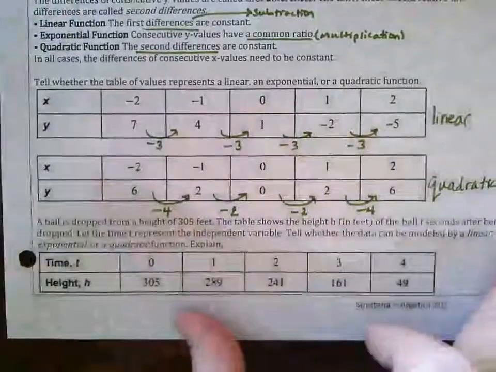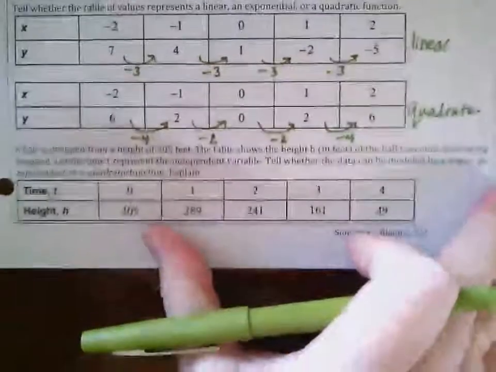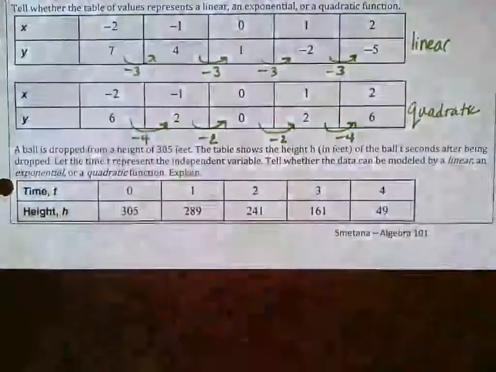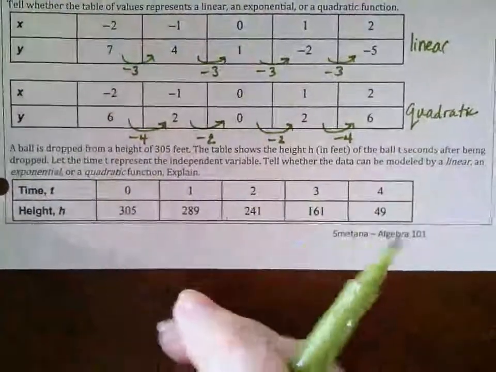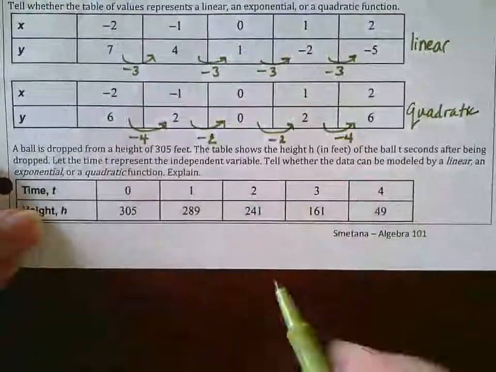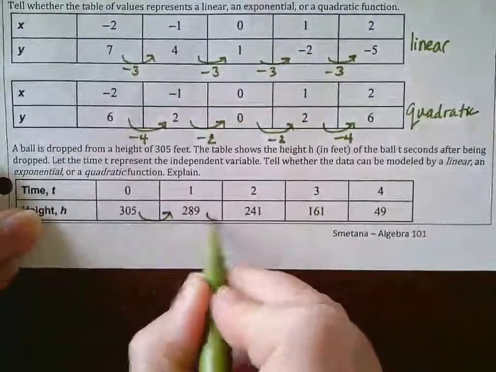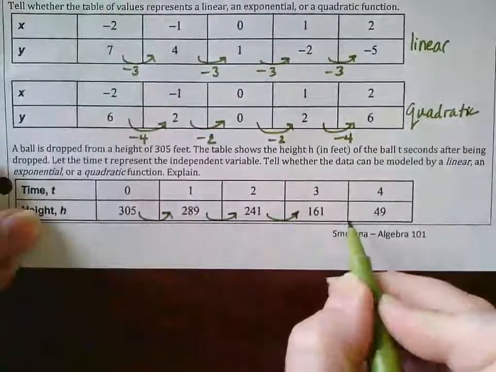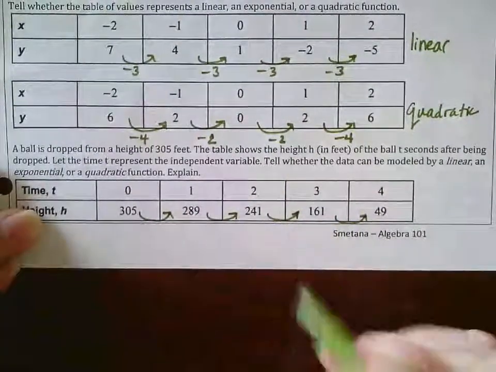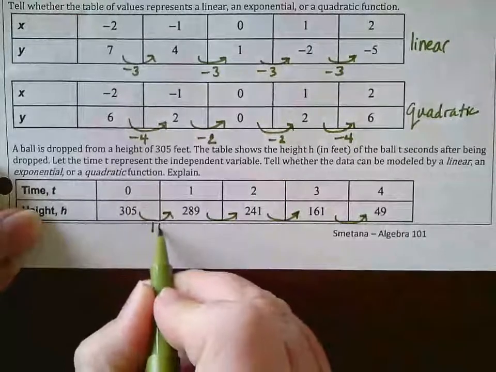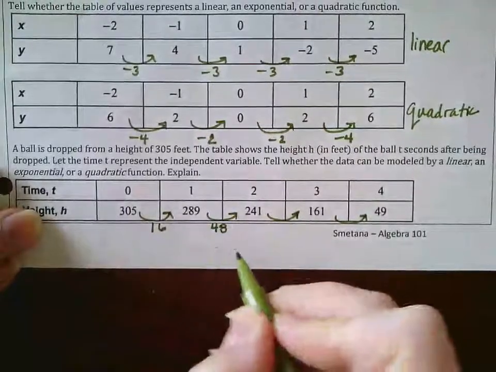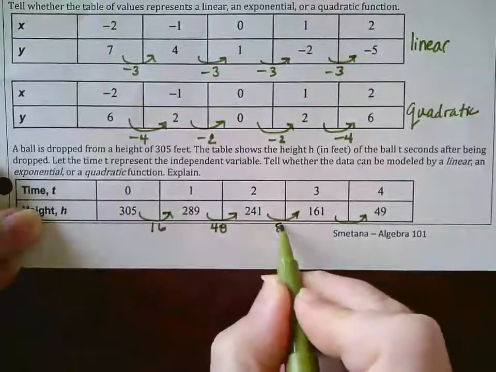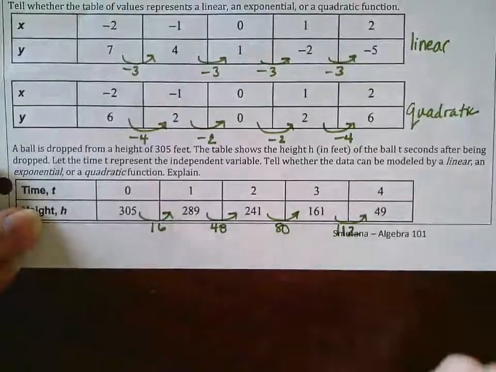Okay, take a look at this one. I talked about the ball being dropped before. This one actually gives a better example of quadratic with first and second differences. So if you look at this, you're thinking, these things have nothing in common. What is this lady talking about? Well, at first they don't. It's 16, 48, 80, and 112.